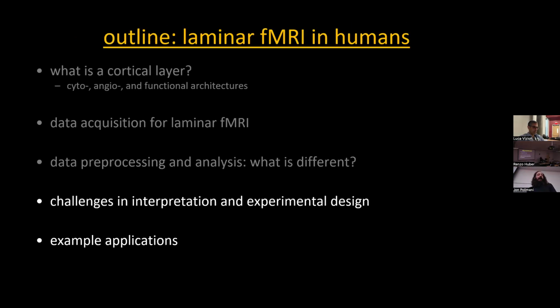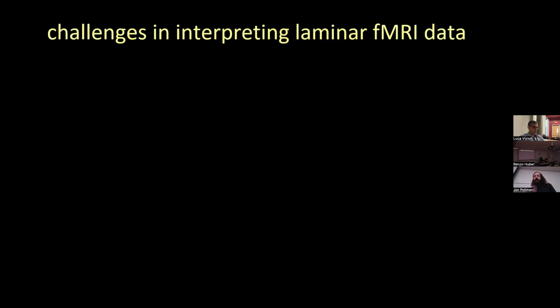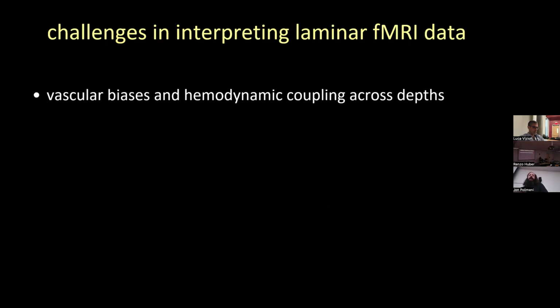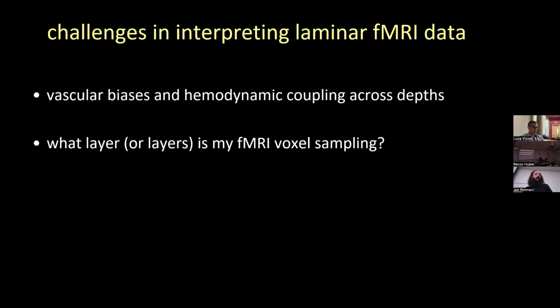Okay, I'll talk a little bit about challenges in interpretation and experimental design. There are many challenges in interpreting these laminar fMRI data. As I mentioned, we know that there are vascular biases, such as high capillary density in layer 4, as well as hemodynamic coupling across the depths, which makes interpreting these fMRI data challenging.